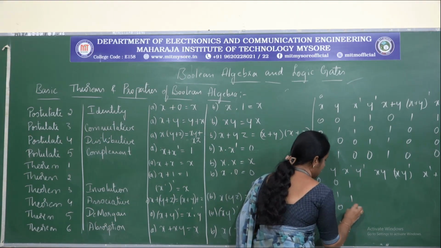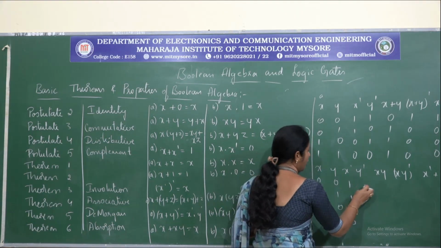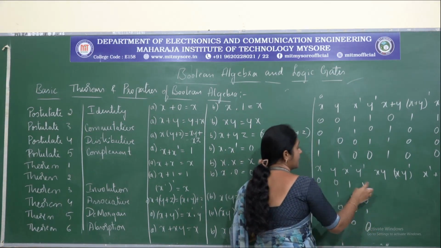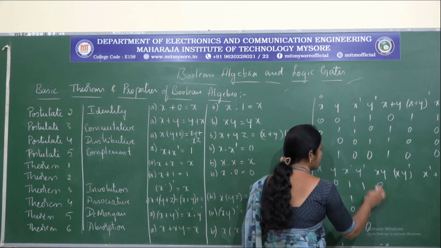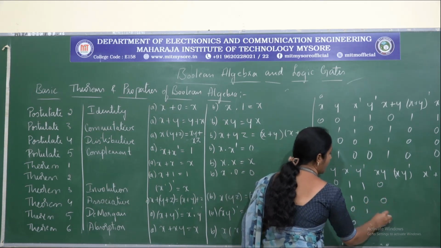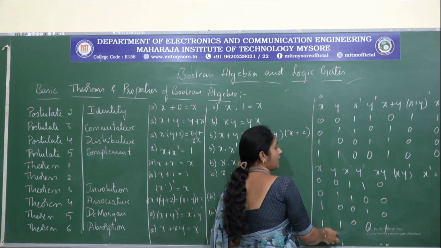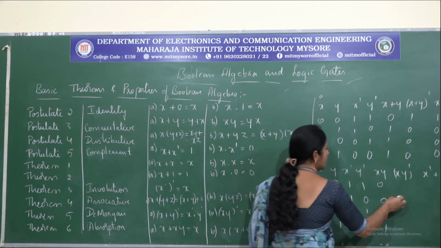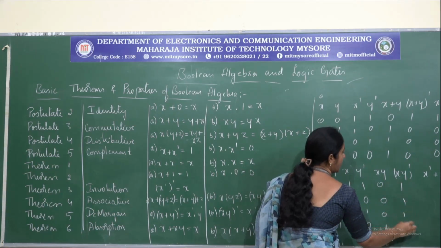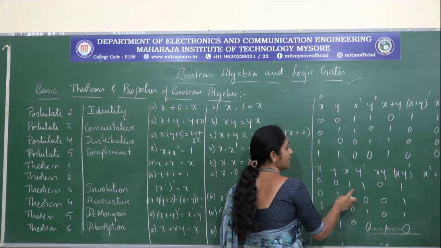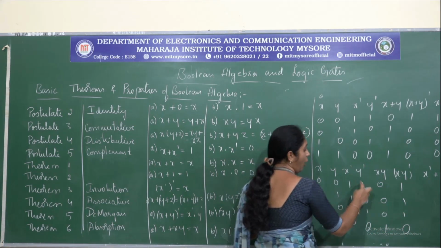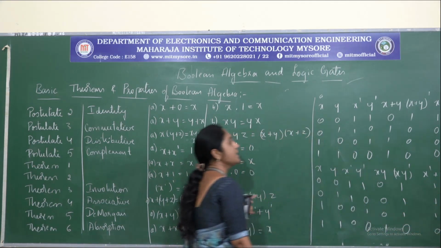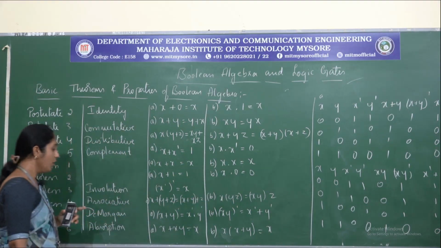Next, the complement of x and complement of y. x into y is 0 since it is an AND operation, so we get 0 for all except for the last combination. Next we have xy dash, the complement of this, so we get 1 1 1 0, and the last one is OR between these two, which is 1 1 1 0. This is the proof for De Morgan's theorem.